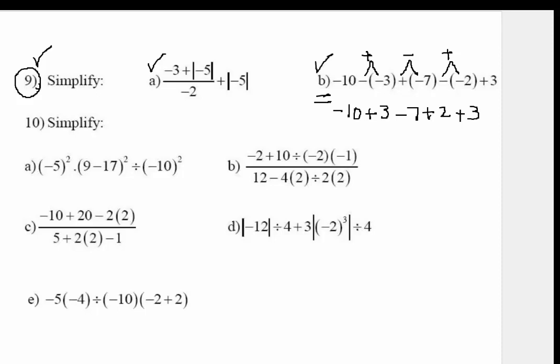Let's go back and see who is next. We go to number 10 now, number 10 for part A. Let's take a look at that. We have a few more minutes left.